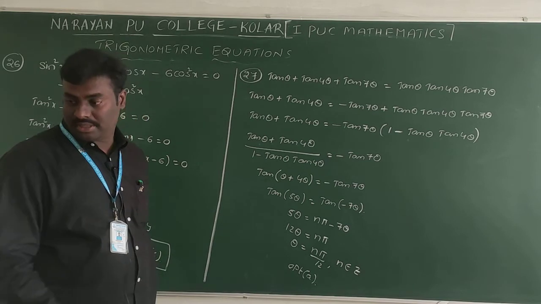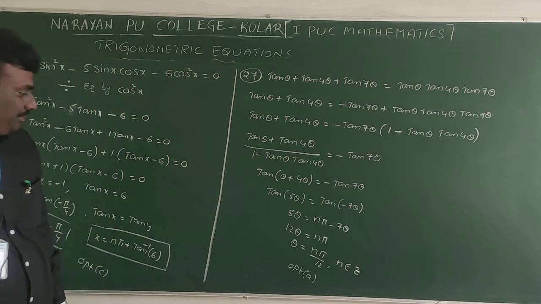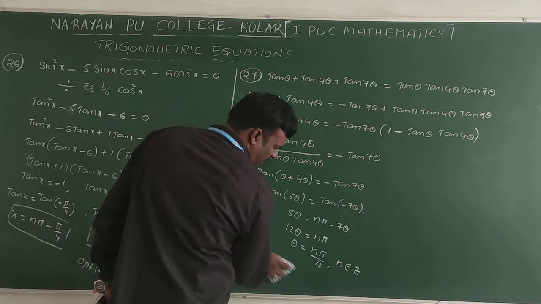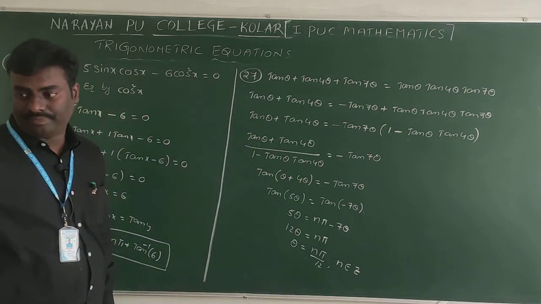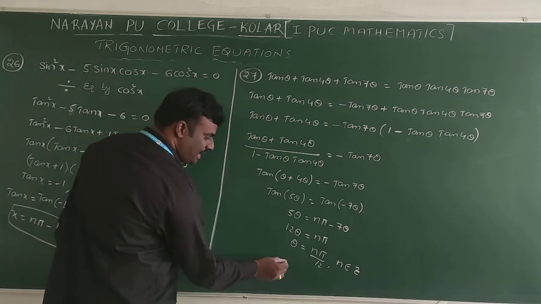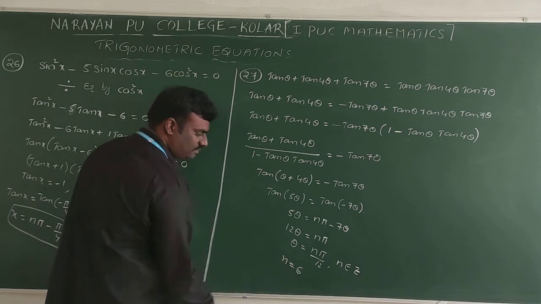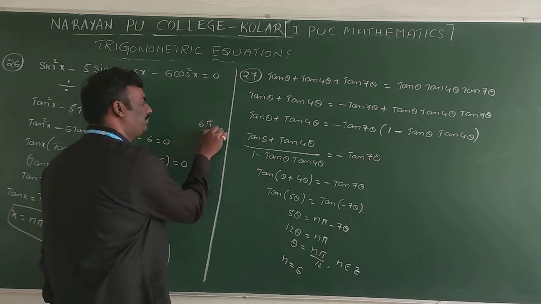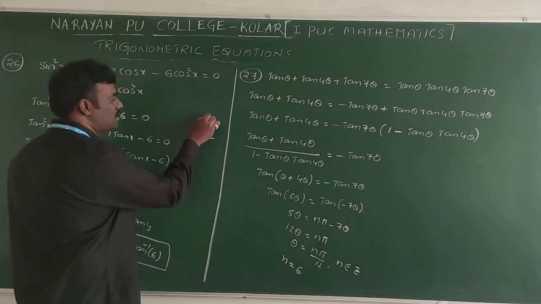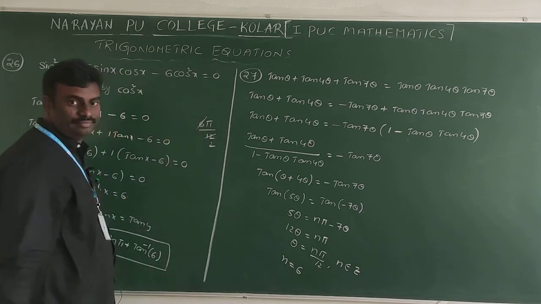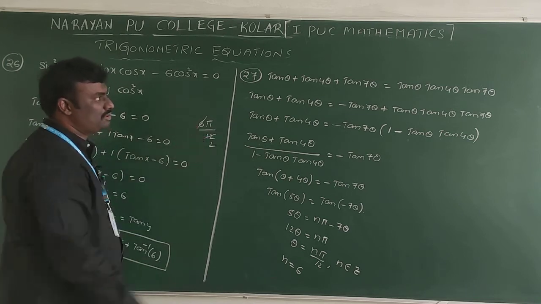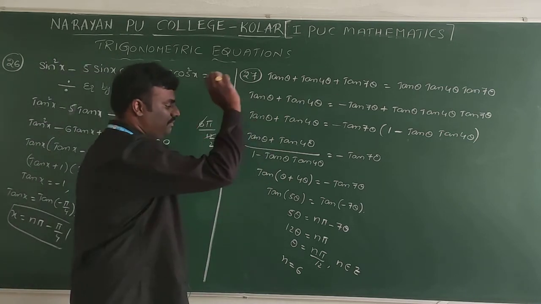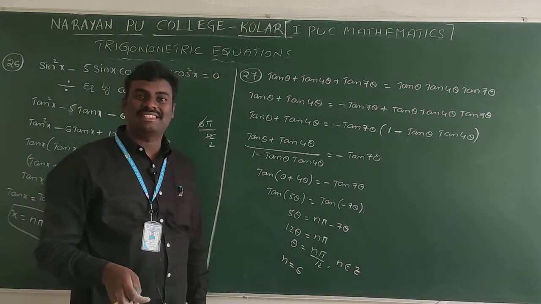See here in this question, small correction, don't go with option A. Why? Because if you take n equal to 6, it is 6 pi by 12, 6 twos are 12, and the answer is pi by 2. But here the function is tan, and tan 90 is not defined.